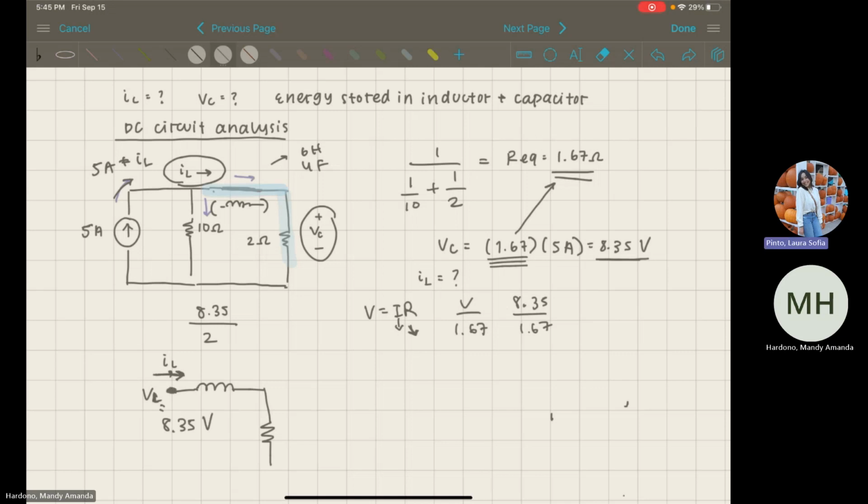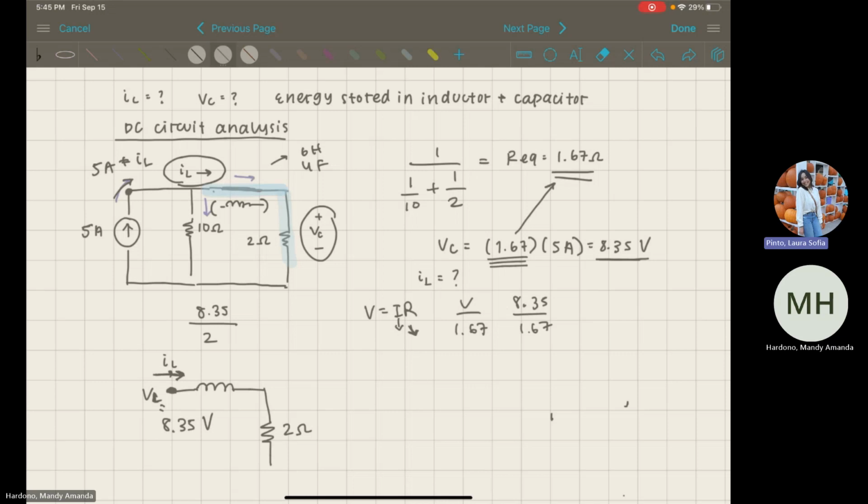That's why we said that the voltage divided by 2 ohms, this resistor, is equal to IL. Because whenever there's components in parallel, it's the same voltage.